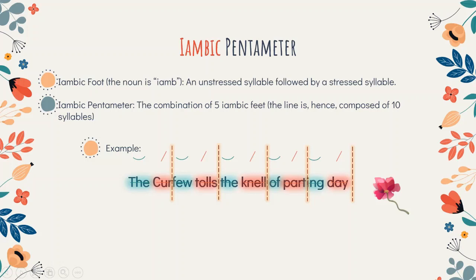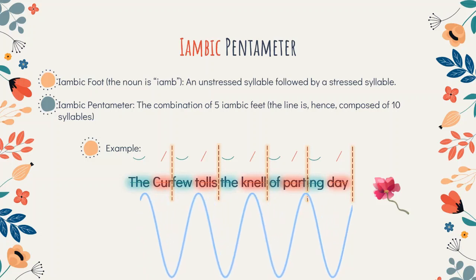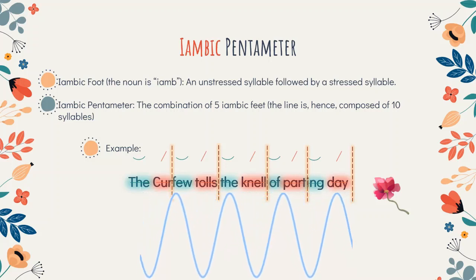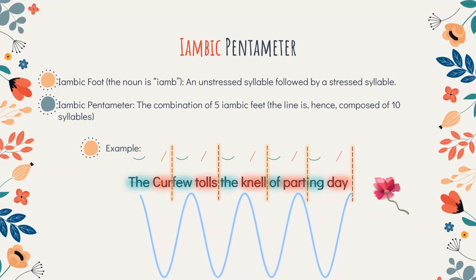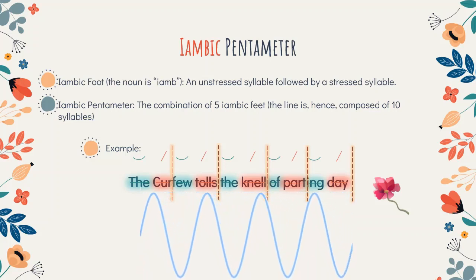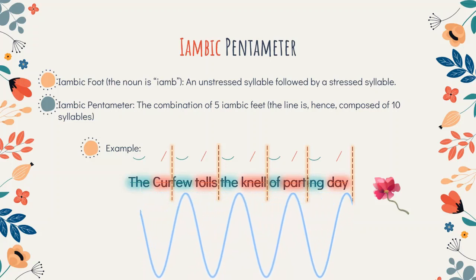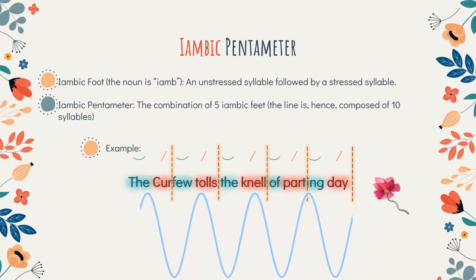And why is iambic pentameter the dominant metrical pattern in the English language? There are various reasons for that, but the most important maybe is that in spoken English, we also speak like this. This is like everyday English. In everyday English, we have the same pattern: up, down, up, down.